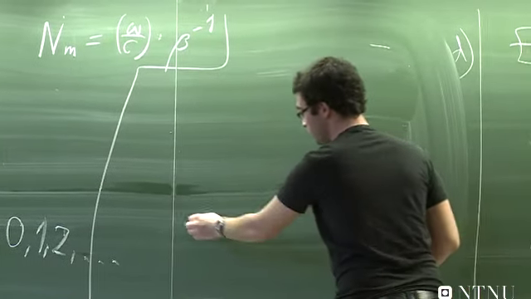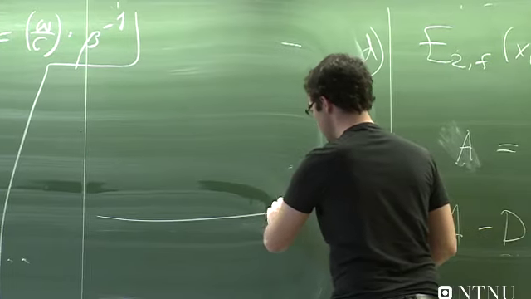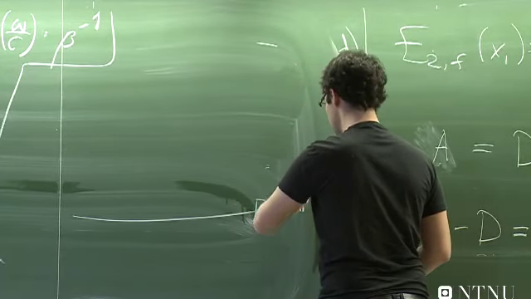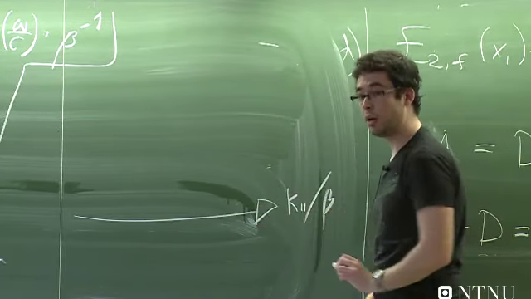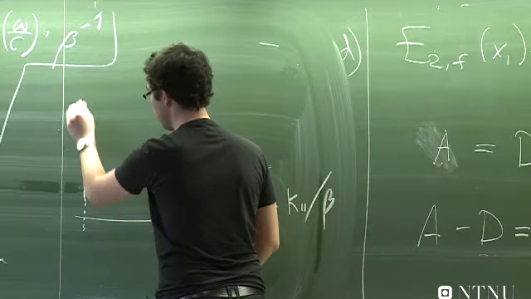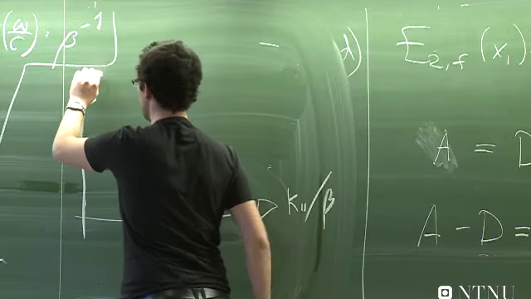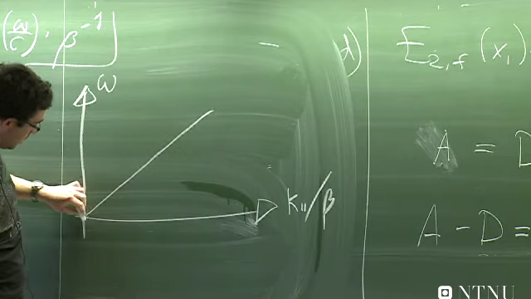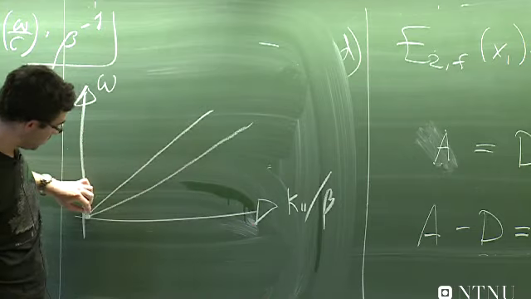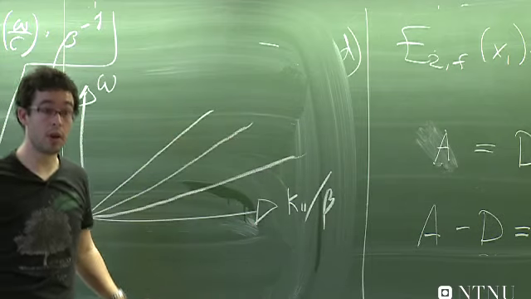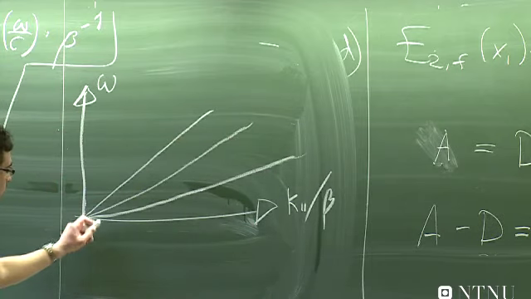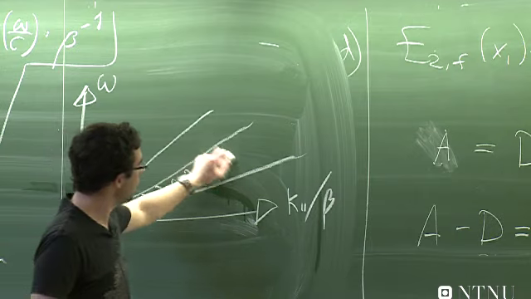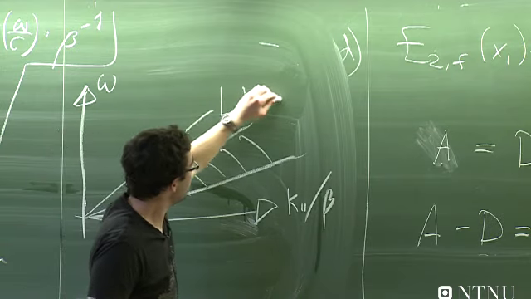If we go back to this dispersion diagram with k parallel, or beta if you want, and omega, like that. Then we had a light line in air, the light line in glass, and the light line in the film. And we agreed that the propagating modes had to be here.